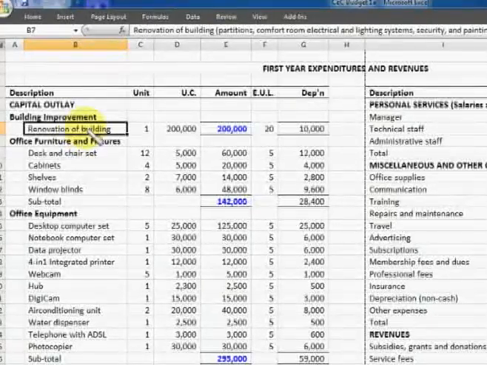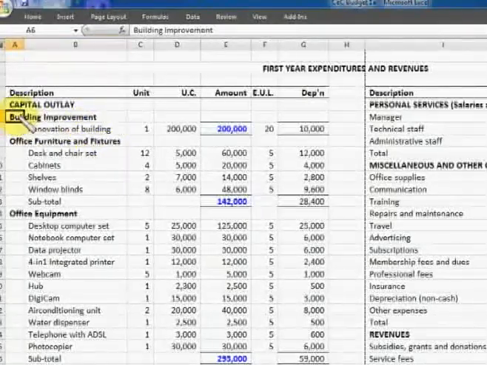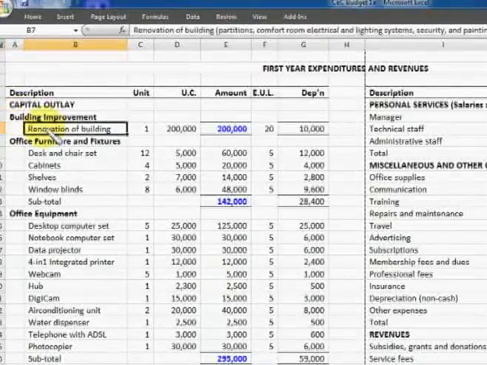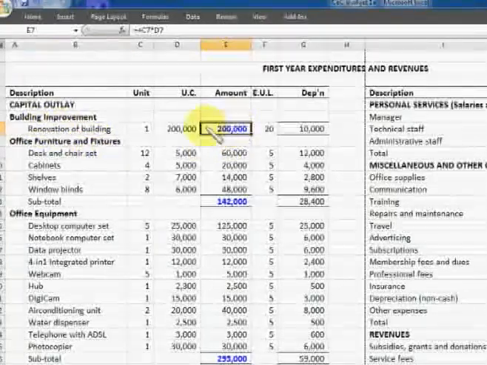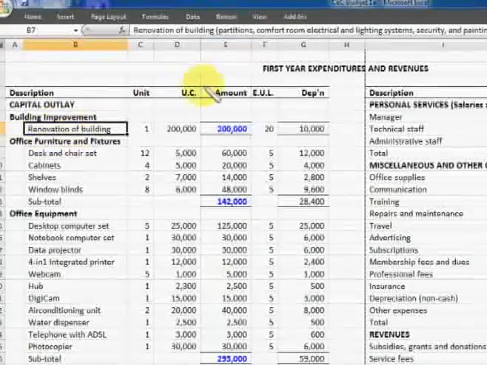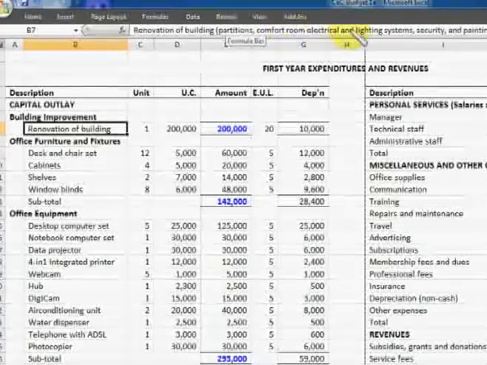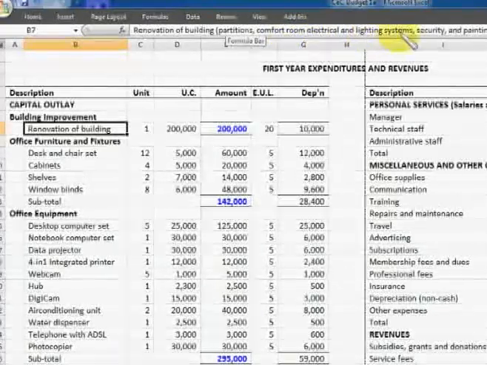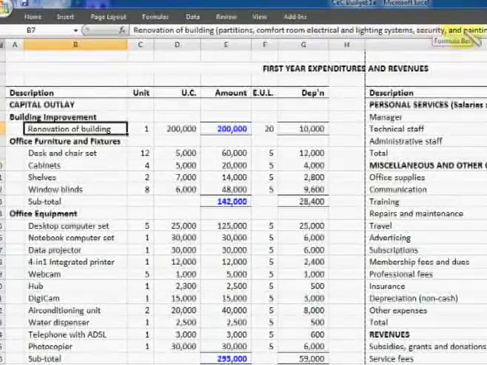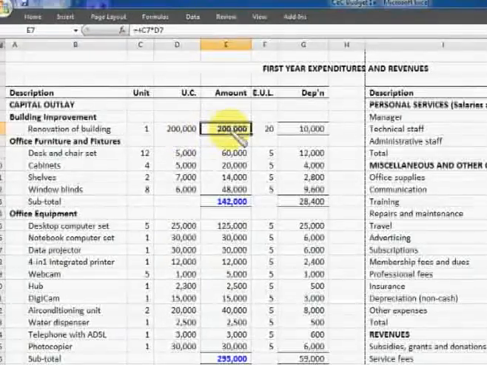Although some CECs have their own buildings, in which case we use the building account instead of building improvement. For this example, the cost of 200,000 pesos represents the installation of partitions, comfort room, electrical lighting systems, security, as well as painting of the newly renovated building, and the total amount is 200,000 pesos.